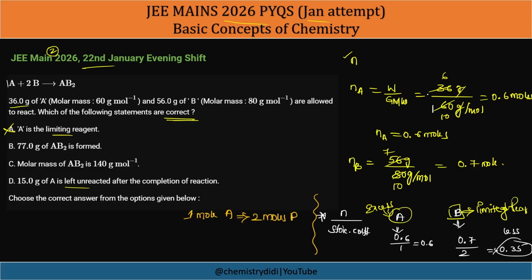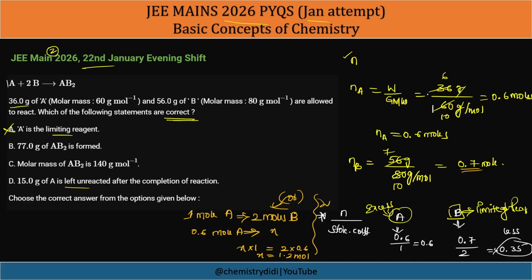Here you have 0.6 moles of A. How many moles of B does it require? Just crisscross: x into 1 equals 2 into 0.6, which is 1.2 moles. So for 0.6 moles of A there should be 1.2 moles of B, but we have only 0.7 moles of B. That's why B is the limiting reagent. This is how you can check, by this method or that method.